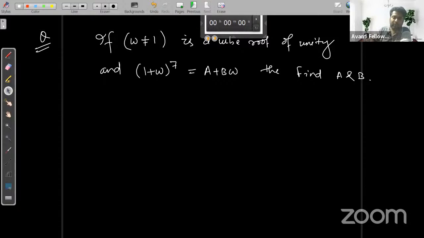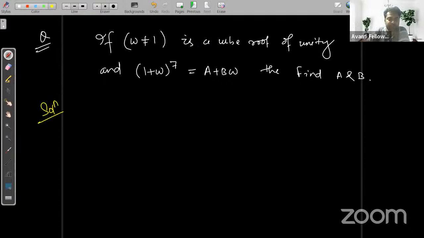Okay, so it's time. Can you please respond in the chat box who got the answer? Let's see the solution. It is given that omega, not equal to 1, is a cube root of unity, and 1 plus omega to the power 7 is given as a plus b omega.